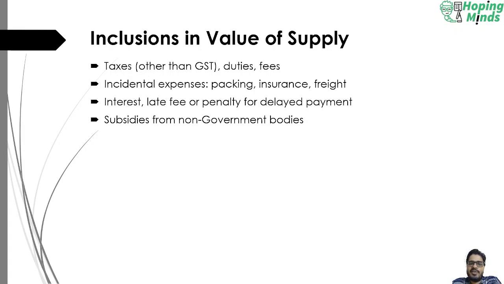For example, a private organization's rupees 2,000 subsidy on a 15,000 product makes the value of supply rupees 15,000. A government subsidy won't reduce the value.